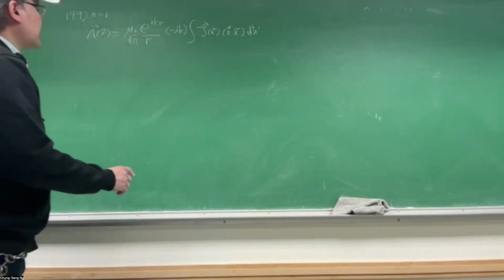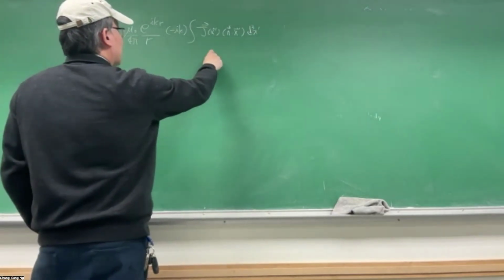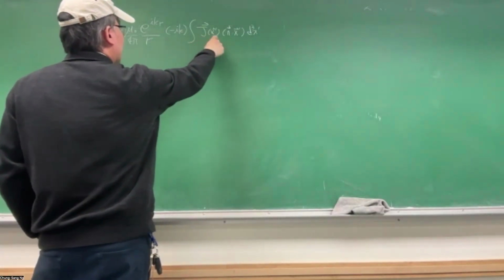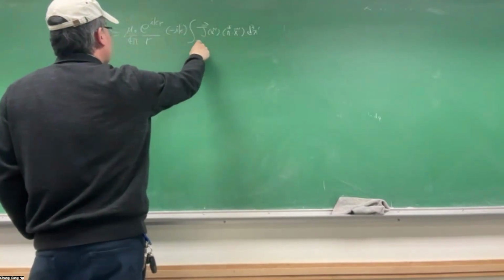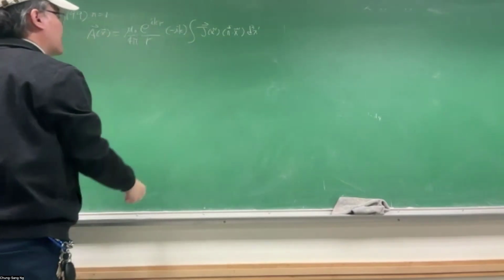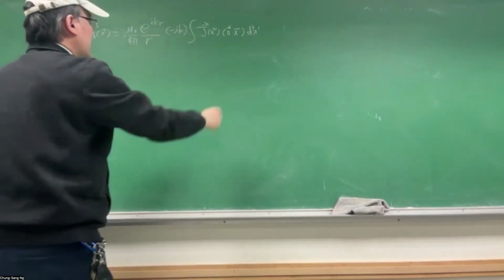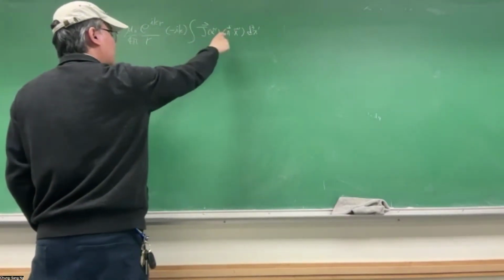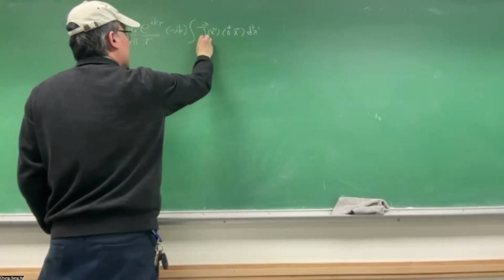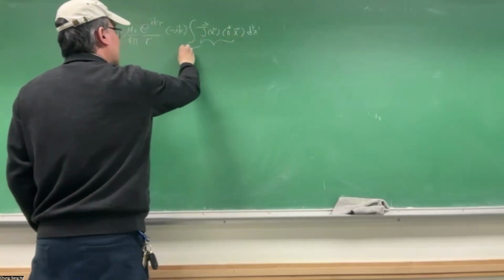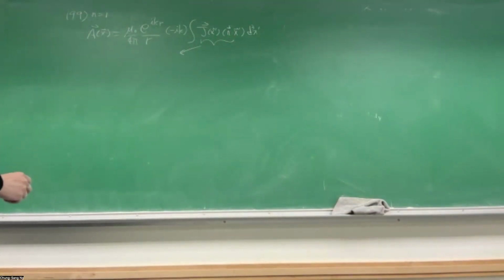Okay. Now the idea is to separate this one into two terms. The rest is just outside the integral. What we are concerned with is what this integral is. But before we do that, we separate that into two terms.